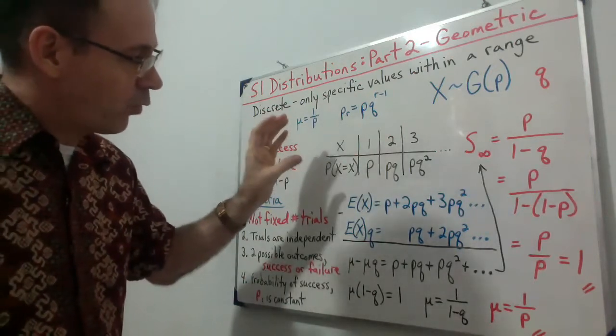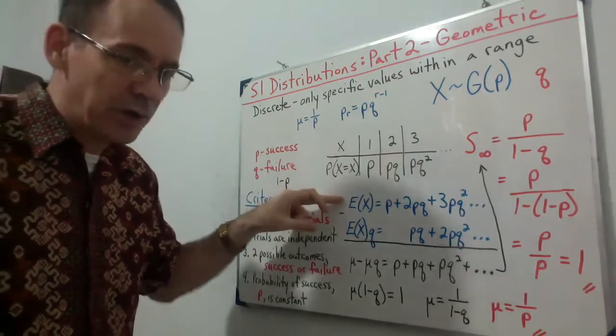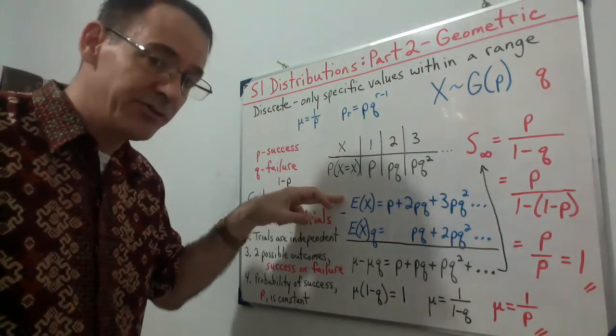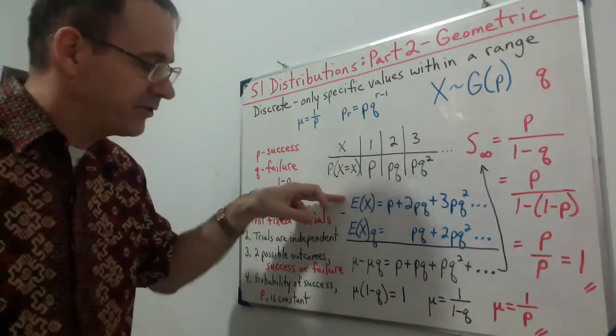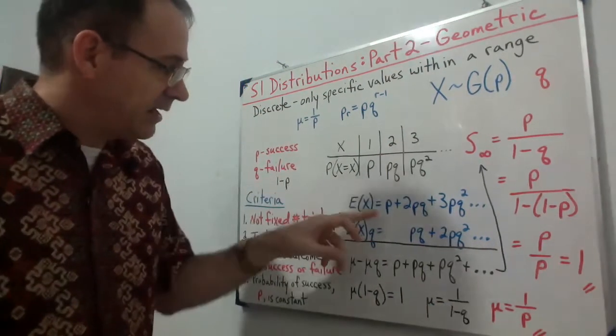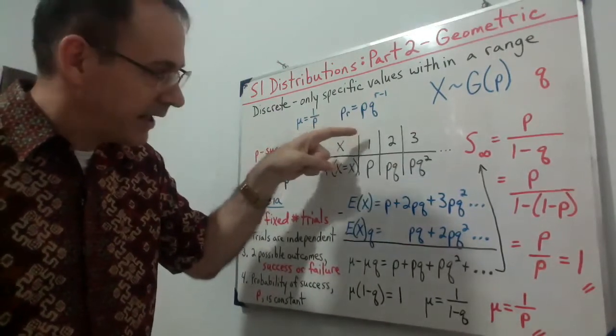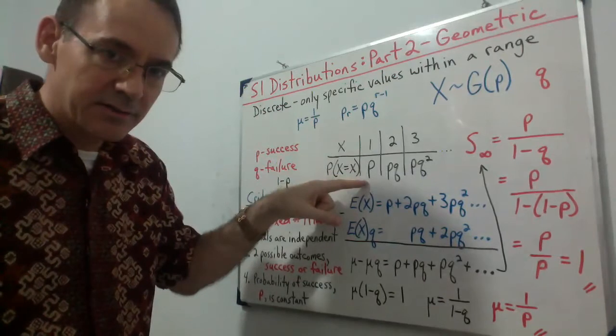So as we change this into our formula for mean, the E of X, which we used in the binomial distribution table, the E of X then equals the X value times the probability.